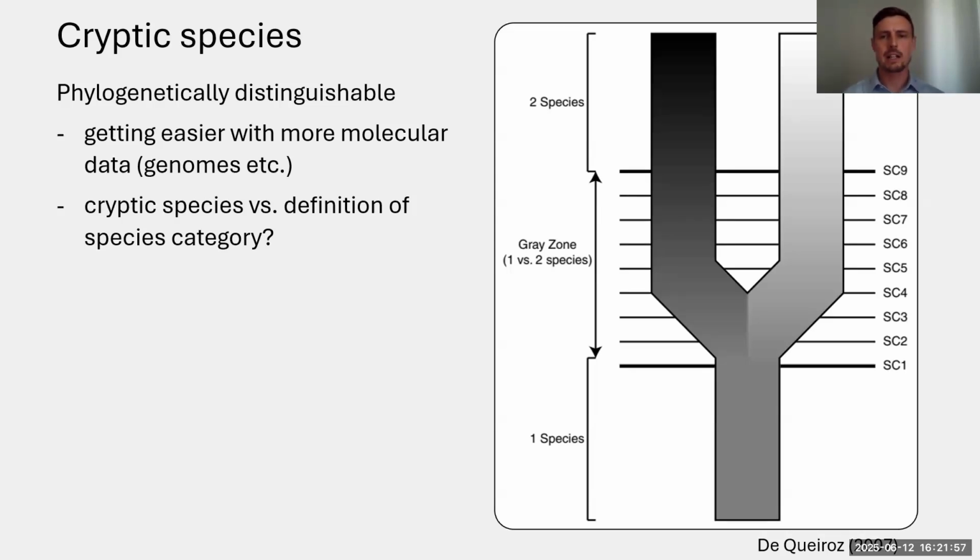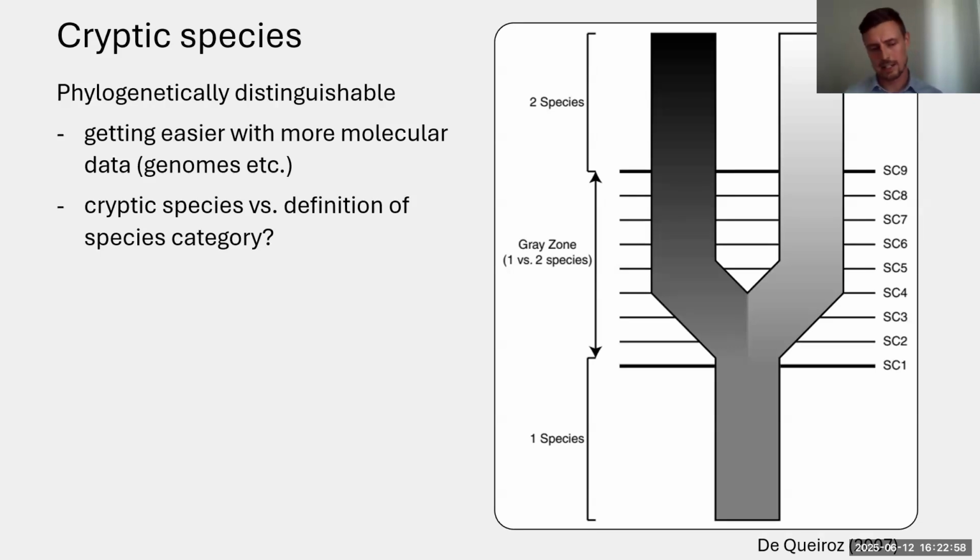Again, since we are not entirely sure how the species category should really be defined, if we study the species boundary really closely with lots of data and lots of individual samples, strains, then we will start to see these gray zones between two species, and then the decision of where we should draw the line between the species, whether some amount of differences between two species is already enough or not, is getting arbitrary.